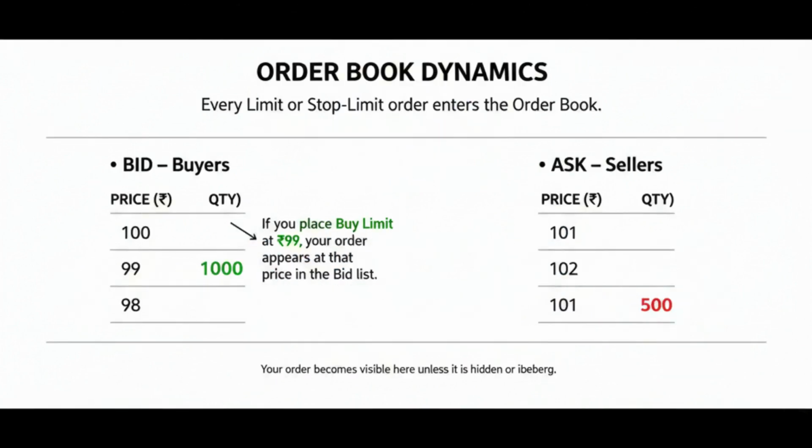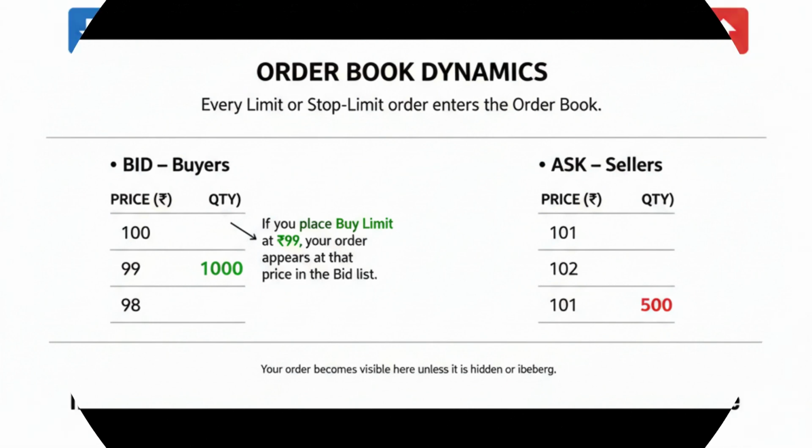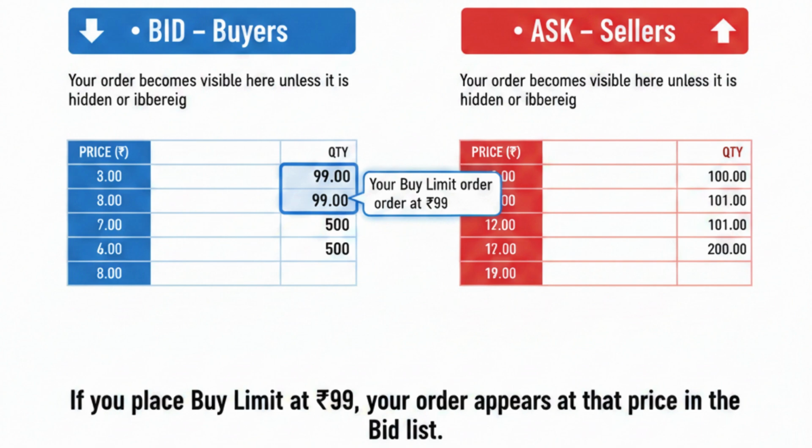Order book dynamics. Every limit or stop limit order enters the order book. There are two sides: bid, buyers; ask, sellers. Your order becomes visible here unless it is hidden or iceberg. If you place a buy limit at 99 rupees, your order appears at that price in the bid list.